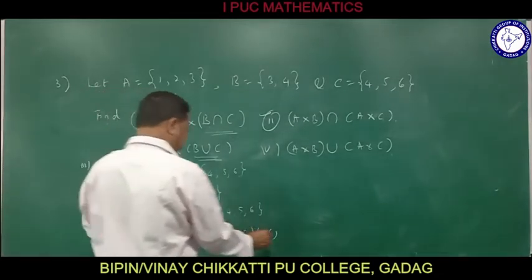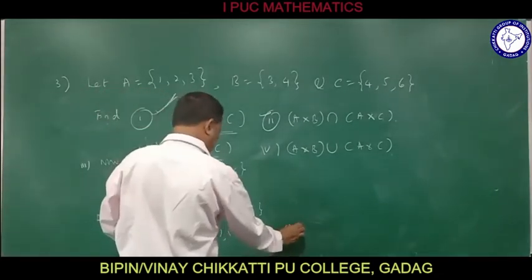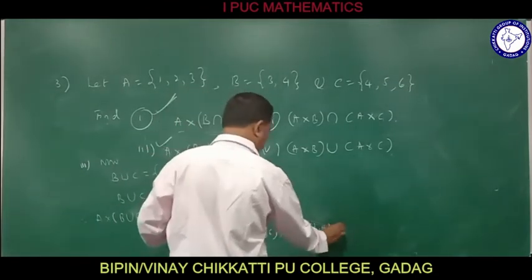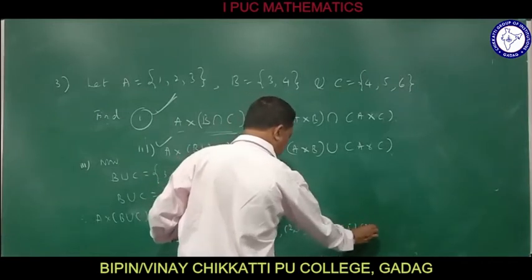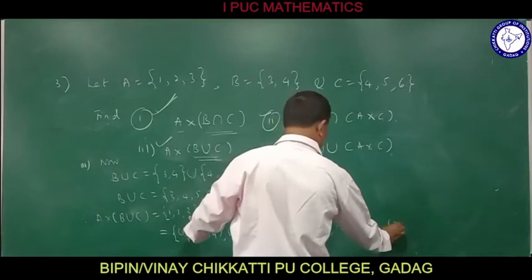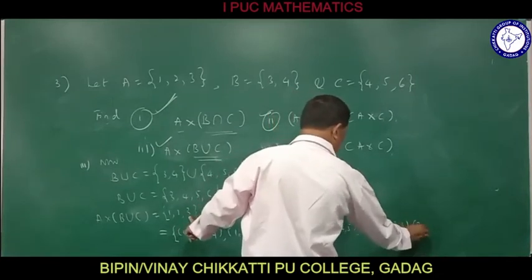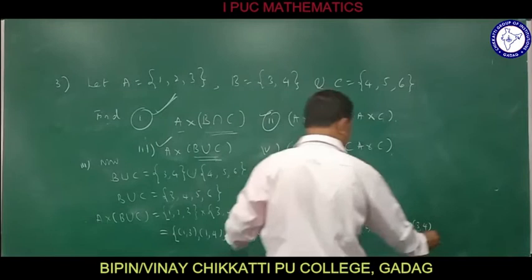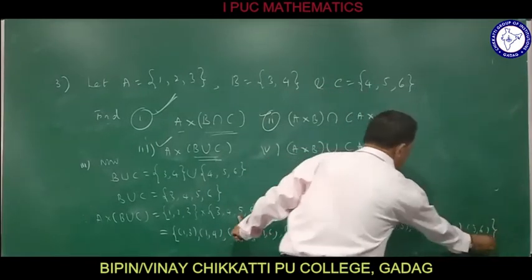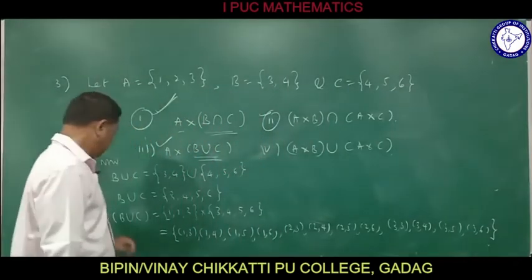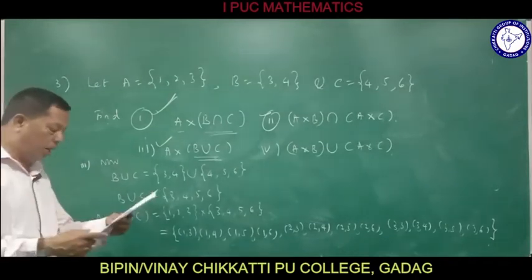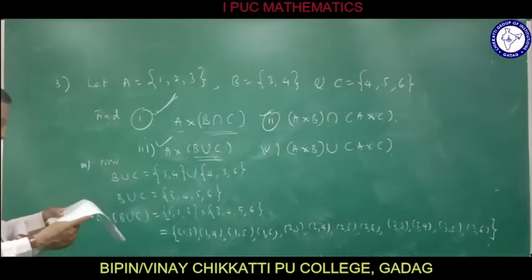Next, (2, 3), (2, 4), (2, 5), (2, 6). Next, (3, 3), (3, 4), (3, 5), and (3, 6). So this is the Cartesian product A cross (B union C). This is the way how we find all these things.